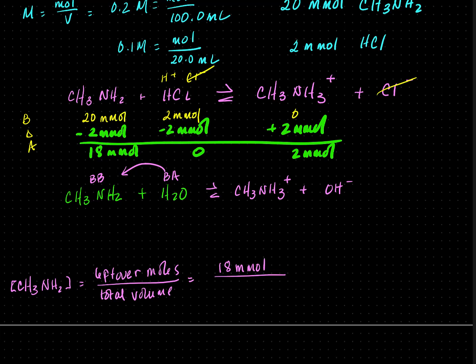The total volume is going to be 100 mL from the weak base plus 20 mL from the strong acid. I do not need to convert because the milli on top and the milli on the bottom will cancel out. So if you did the math correctly, you should get 0.15 molar.